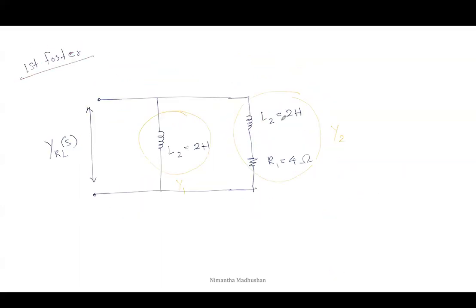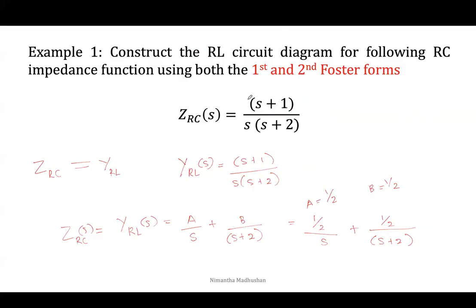When we apply the first form, this is the network we get. I hope you are all clear about this example, how to apply the first form and second form for an RL network.